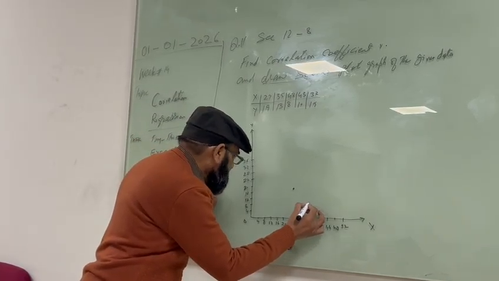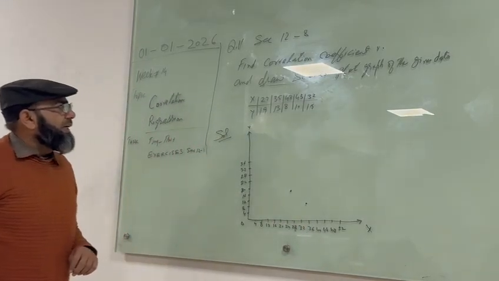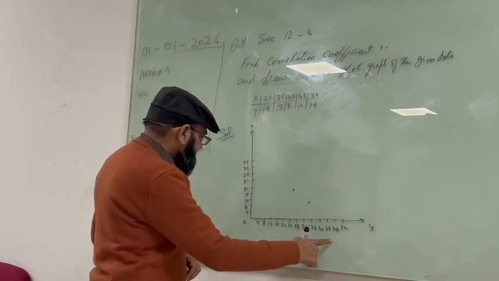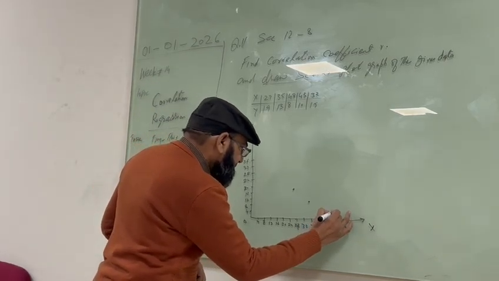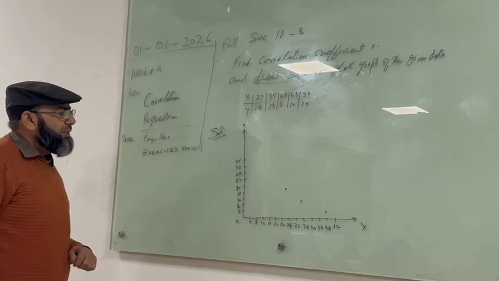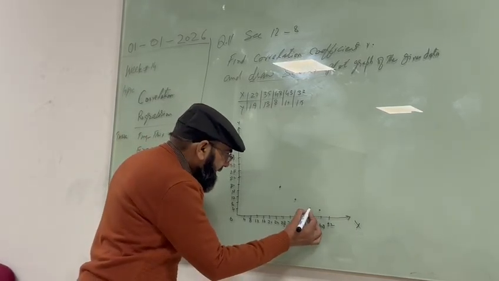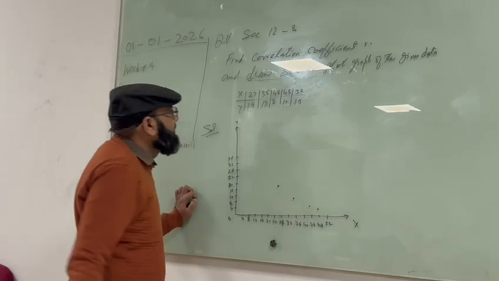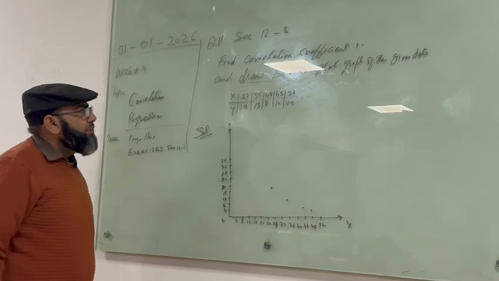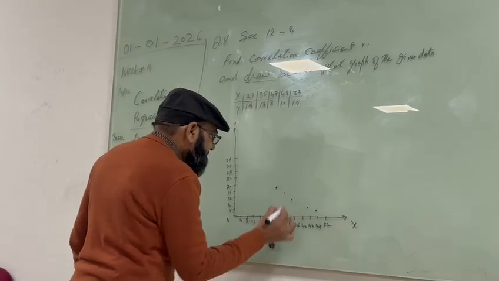It is here. Next 48, 8. It is here. Then 43, 10. It is here. Then 32, 15. It is here.